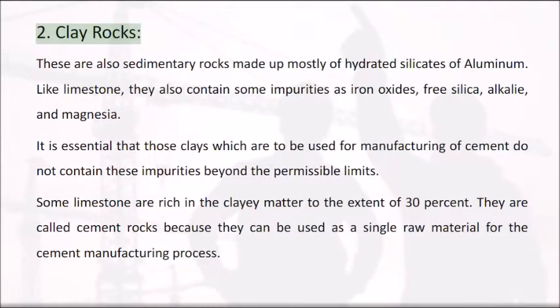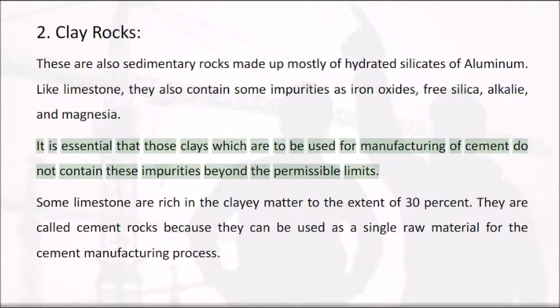2. Clay rocks. These are also sedimentary rocks made up mostly of hydrated silicates of aluminum. Like limestone, they also contain some impurities such as iron oxides, free silica, alkali, and magnesia.